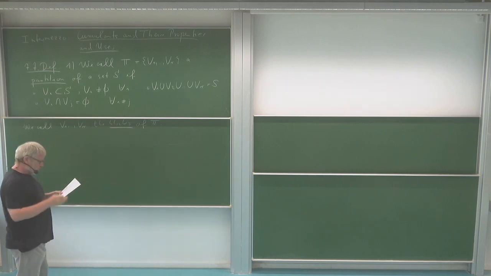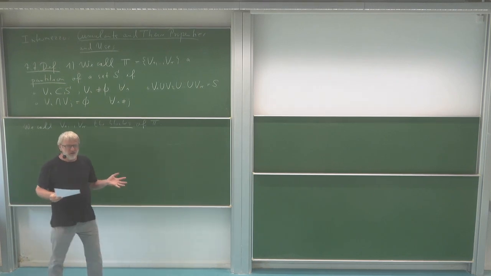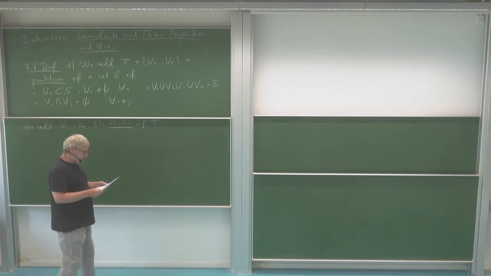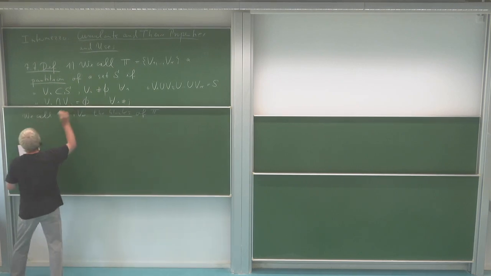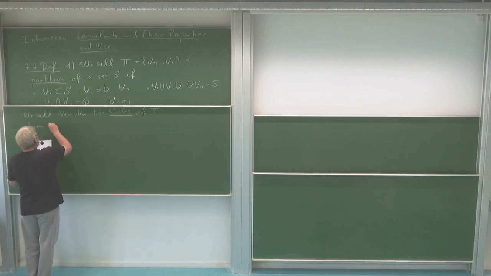Then maybe I also write, in principle, such a partition gives me an equivalence relation by decomposing my set into equivalence classes. I'm not sure whether I will use this in the following, but maybe it's good also to have this.